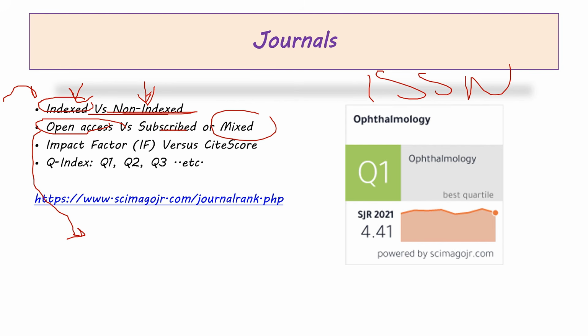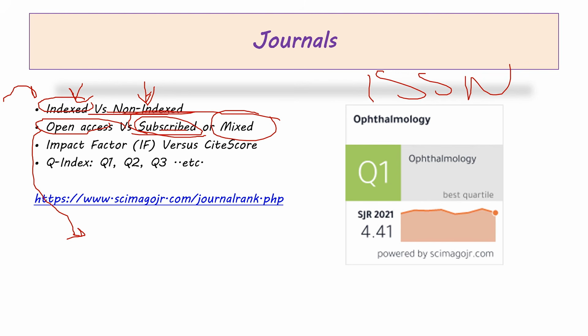However, if you don't want to pay these charges, submit your paper to a subscribed or mixed journal. Subscribed means that this journal will publish your case report as closed access. Nobody can download the full text of your paper.